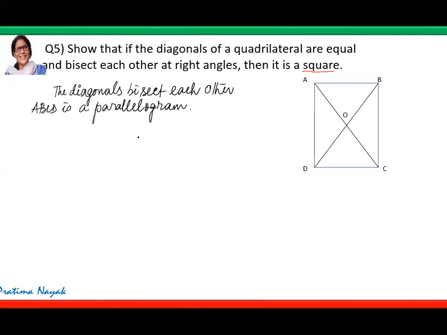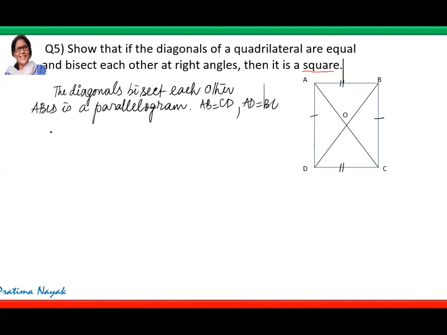So ABCD is a parallelogram. Then I can write AB is equal to CD and AD is equal to BC. Opposite sides are equal to each other.